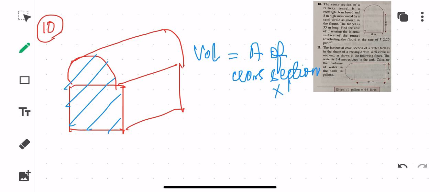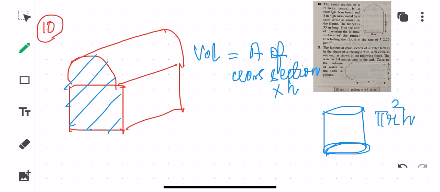Why? Suppose when we talk about a cylinder, what is the formula of volume? The area of cross section, which is my circle. So this is given by pi r square into height, that is h. This is a common rule that whenever you want to find the volume, it is given by area of cross section into height.